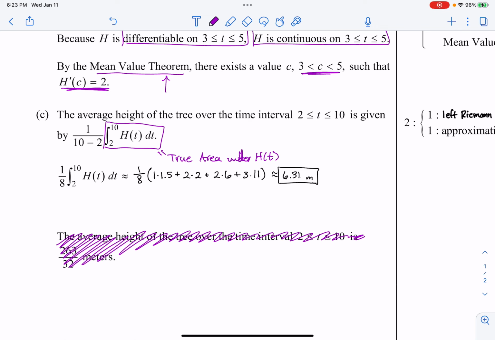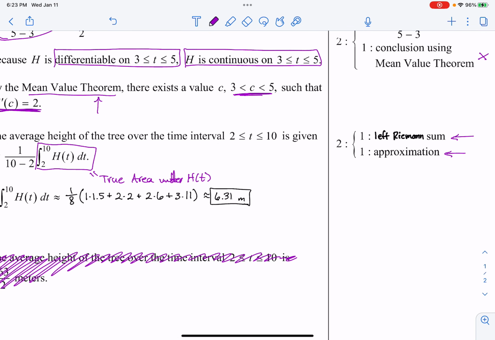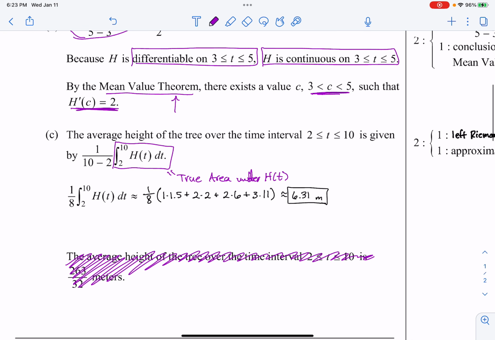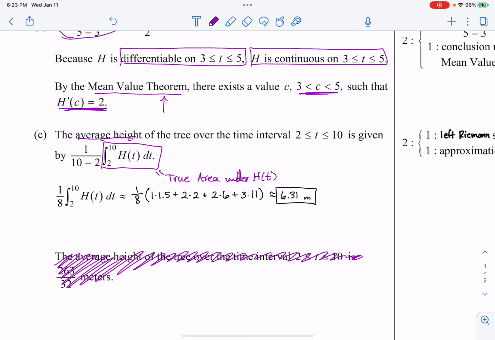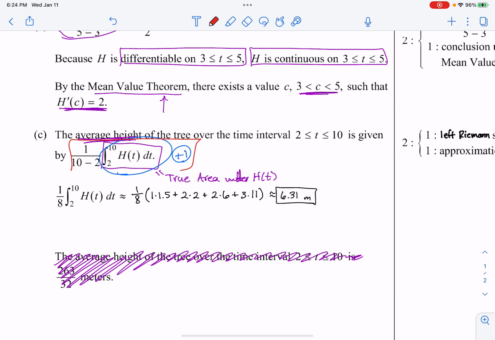I believe what they mean to say is that the sum is just adding up the areas of the rectangles, right? That's just what a Riemann sum is. And the approximation is the approximation of specifically the average height. So one way you could look at it is this part right here gives you 1 point if you do just that part correctly. And then you get the second point for this part here.